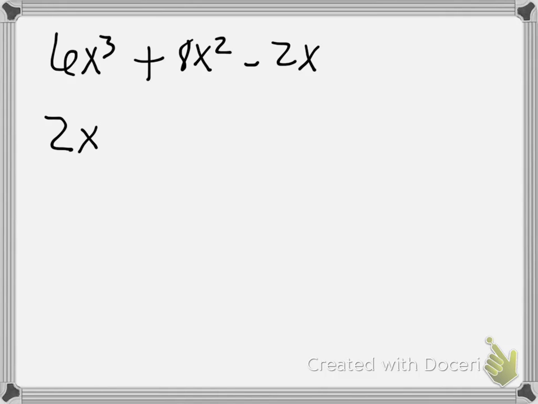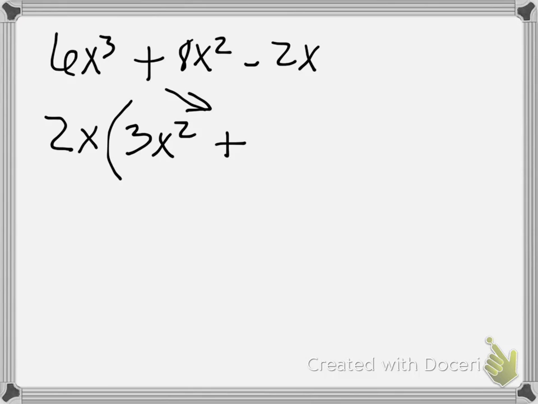So now that we've done that, we're going to put our parentheses. This is talking about factor each polynomial completely; this is what it means when we say completely. So then, what times 2 is going to give us 6? We know that 2 times 3 is 6, so we have 3. And then what times x is going to give us x cubed? We have to get 2 more x's, so that would be x squared. Then we bring down our sign to get plus here.